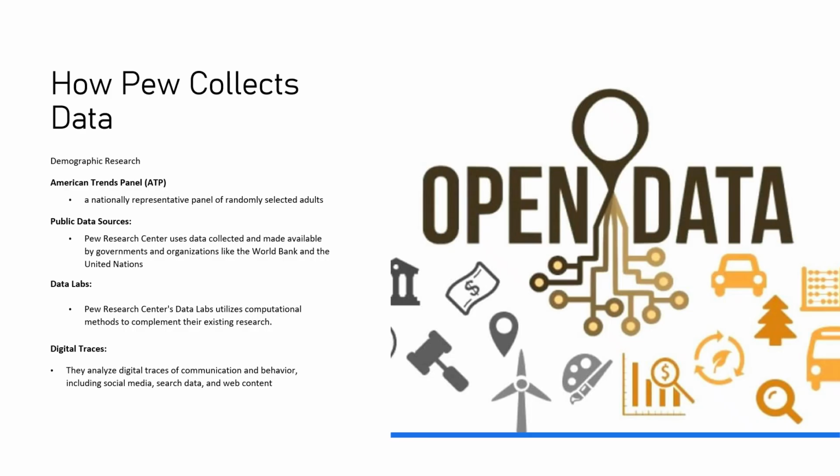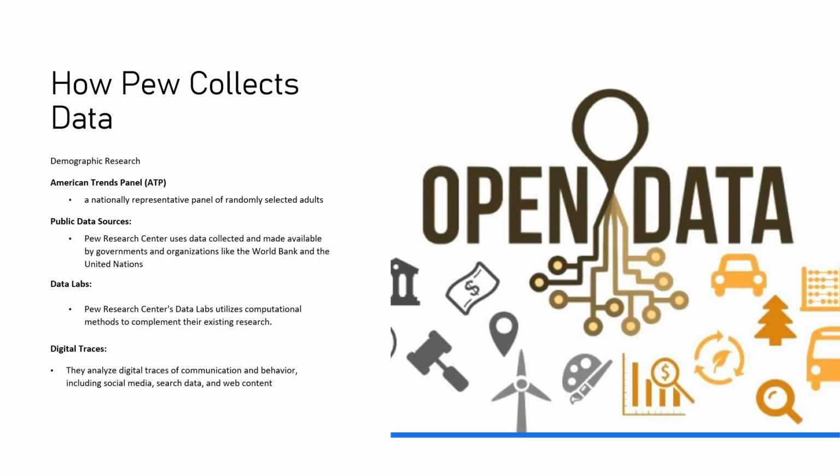That American Trends Panel, also known as the ATP, is the cornerstone of Pew's data collection efforts. This nationally representative panel consists of randomly selected adults from across the United States. The panelists regularly participate in surveys, providing valuable longitudinal data that helps Pew track changes in public opinion over time.